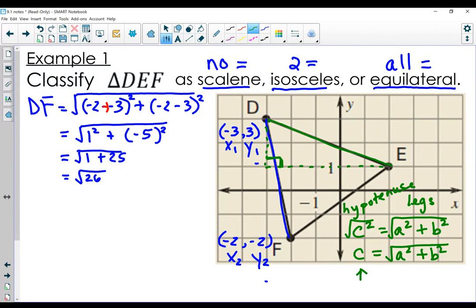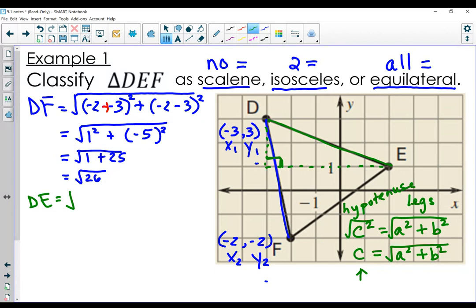So instead of going through and doing the distance formula, if we've got something on a graph like this, we could also just do the Pythagorean theorem. So let's do that for DE. To find DE, instead of subtracting to find my x side and my y side, I could just count. So I have 1, 2, 3, 4, 5 squares for my x side of this triangle.